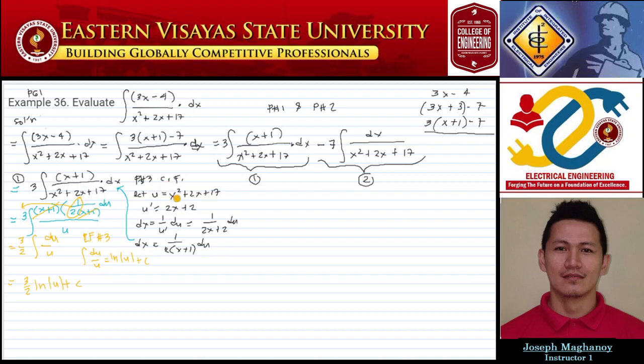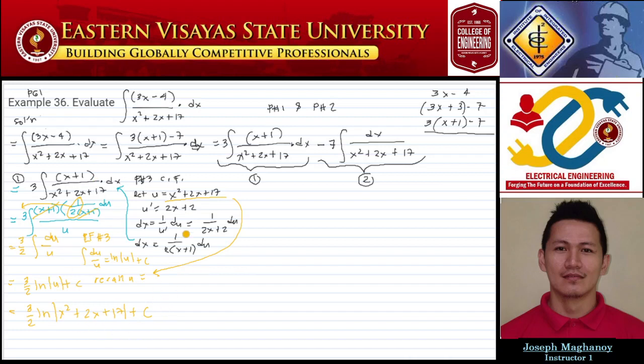Then we recall our u. So we rewrite 3 halves ln absolute of x squared plus 2x plus 17 plus c.